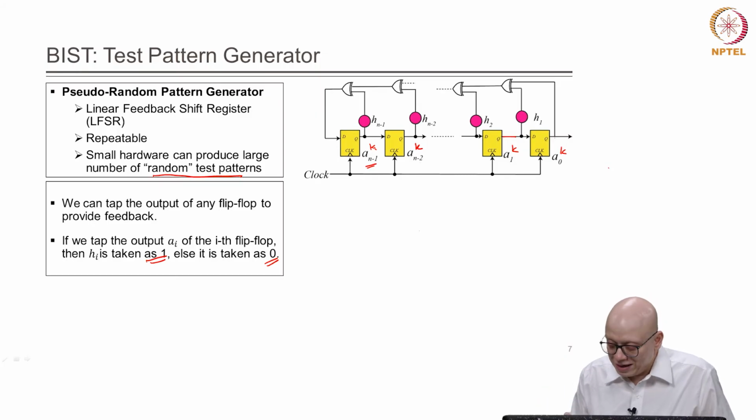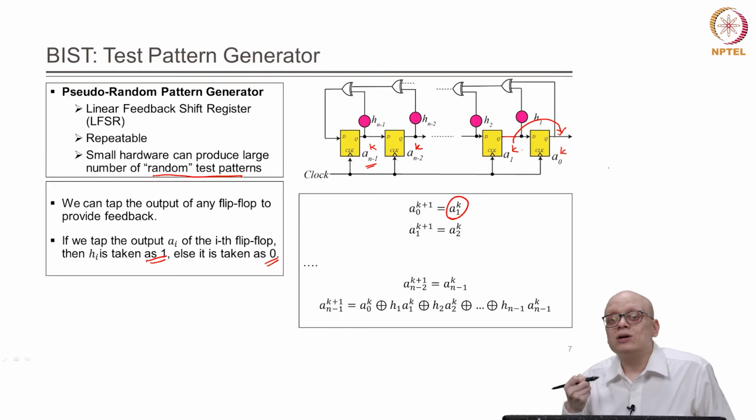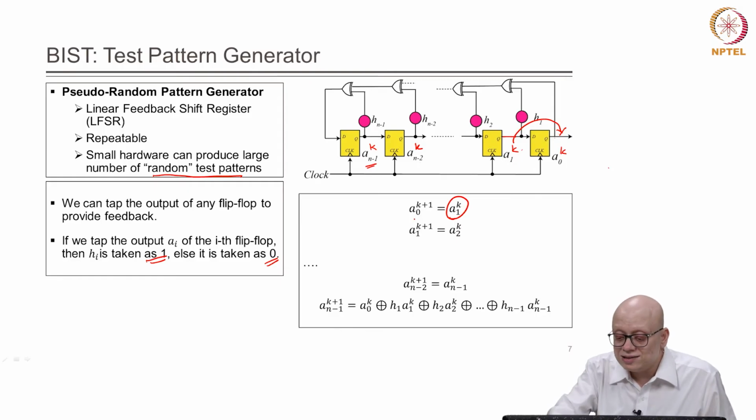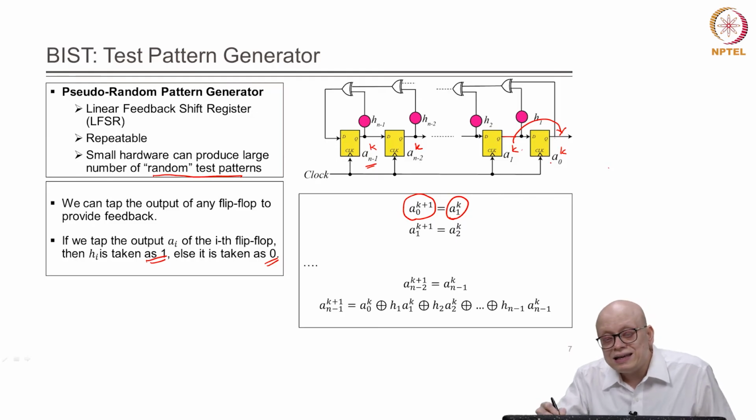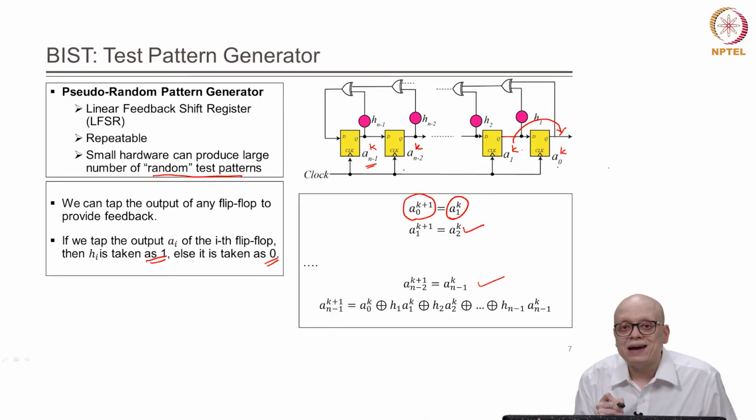It is easy to see because it is a shift register kind of structure. Whatever the value of A1k is, it will go to the next flip flop in the next clock cycle. So A0 at k+1 will be the same as the value of A1 in the kth clock cycle. This will be true for all the flip flops A0 to An-2.